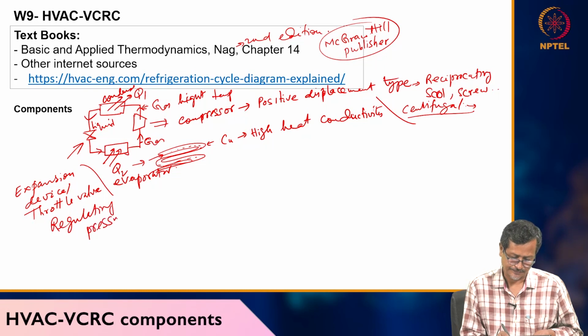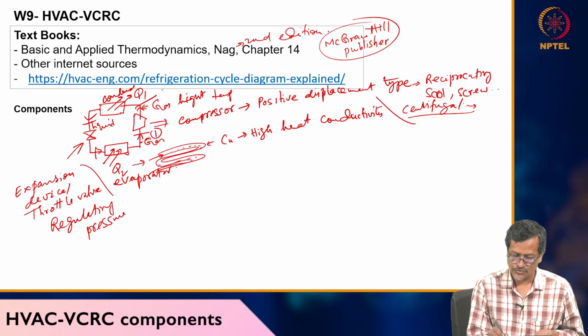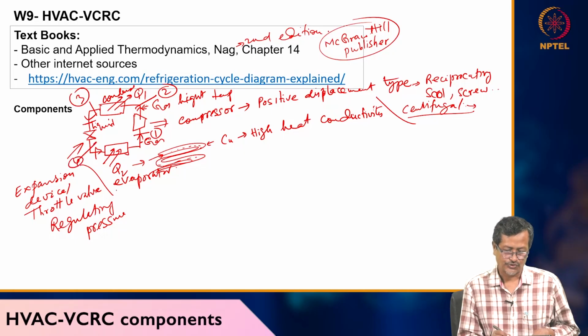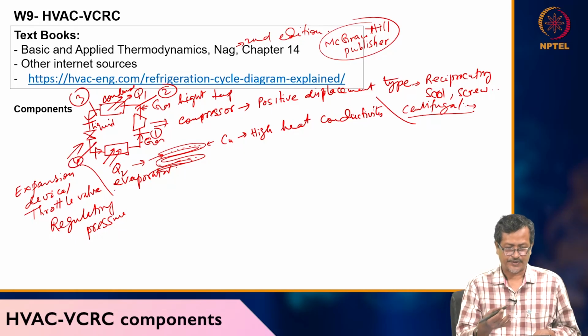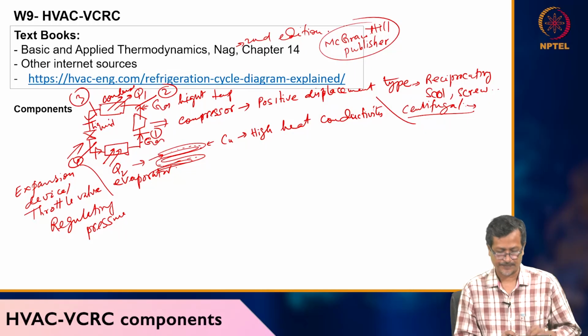Let's say I put numbers 1, 2, 3, 4. From 3 to 4 the pressure will be changing, enthalpy not changing. So you are changing pressure, and you can also control the flow rate, because as per your requirement you can change your flow rate.